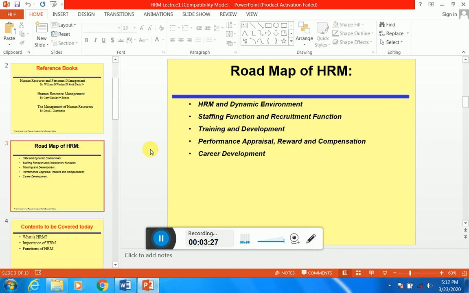Then after that, training and development. How to provide learning to people, to the new incumbents, how to develop their skills, how to make them ready for higher level opportunities. After that, performance appraisal, simply a process to evaluate the performance of employees.